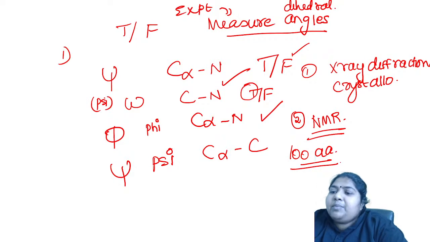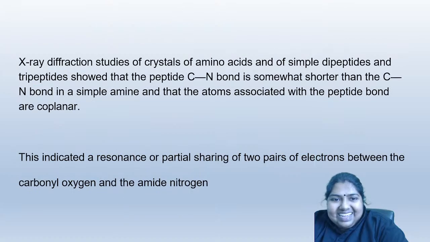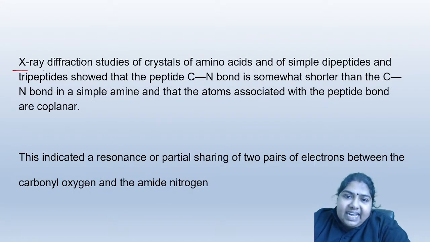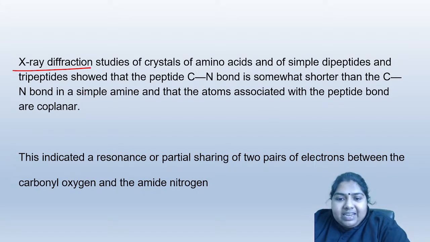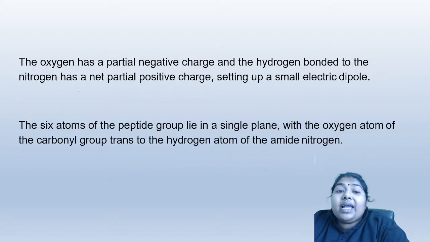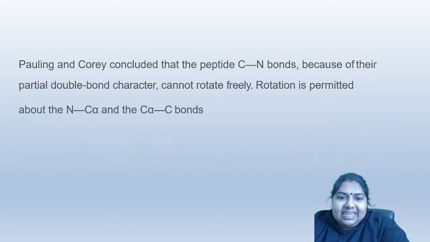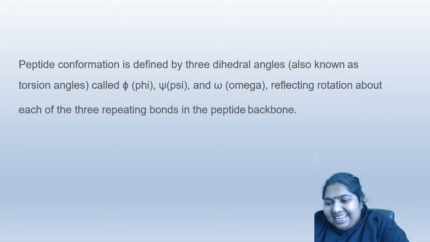If the size is very big, beyond it, you can never use it. Okay, but till now you can definitely use this NMR. So this X-ray diffraction studies as well as your NMR, it is going to help you to predict all the bond angles. Okay, so based on that you can find out the angles. Accordingly you will be utilizing them.